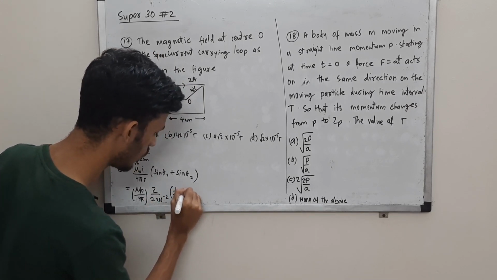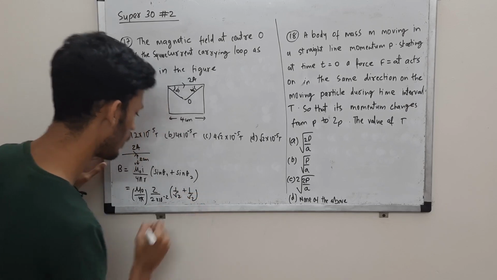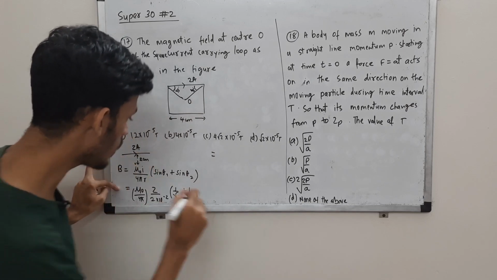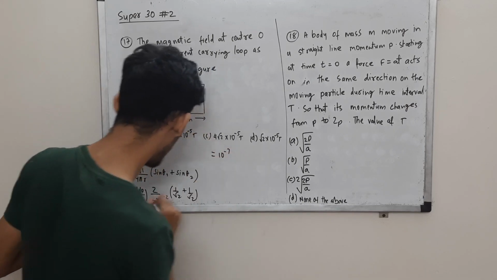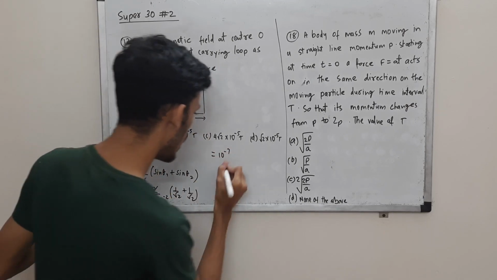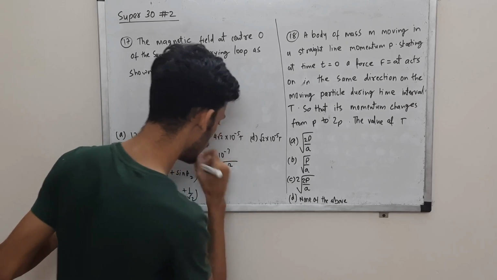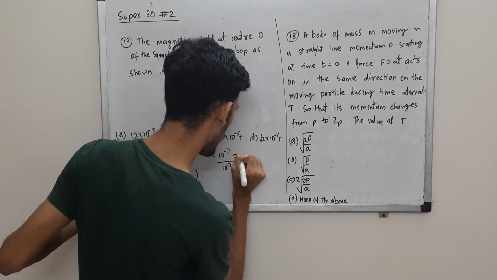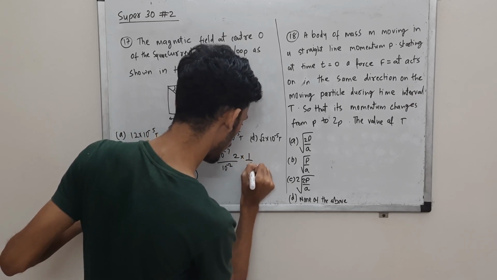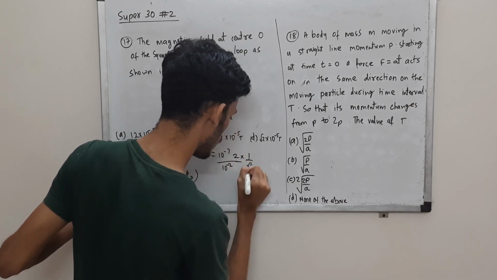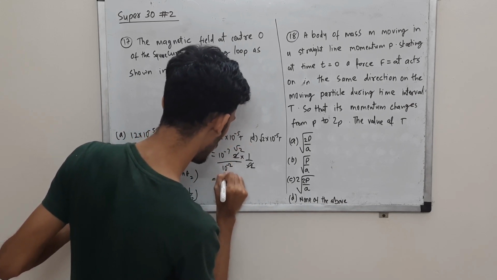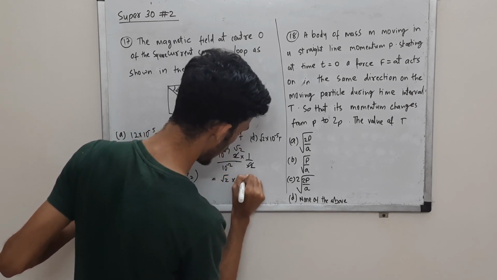Then 2 and 2 cancel, and we have 10 to the power minus 2 in the denominator. 1 by root 2 twice is 2 times 1 by root 2, which gives root 2 in the numerator. So this is root 2 times 10 to the power minus 5.